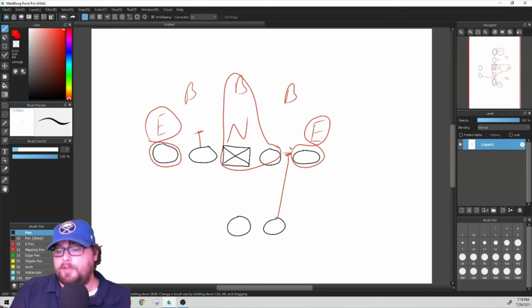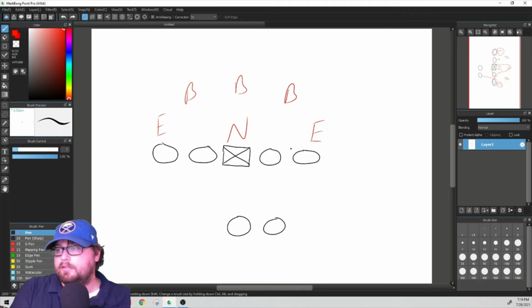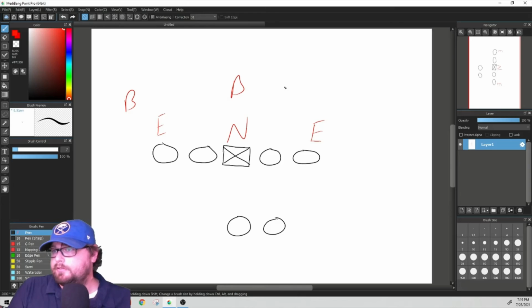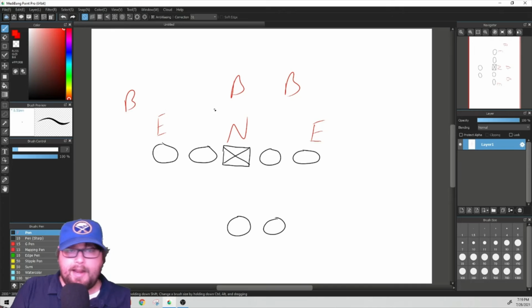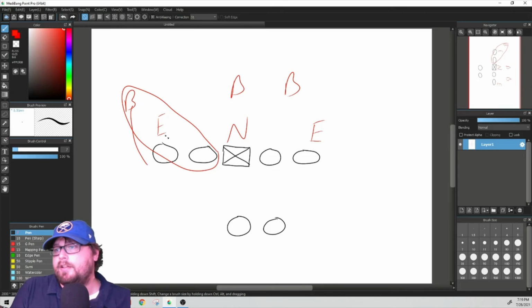But pretty much for this one, this is how we would block this. And again, say this backer lines up there. These two would know that they have these two right here. Normally in this situation, this backer's coming here, that end's coming there, guard picks them up, tackle has that backer.